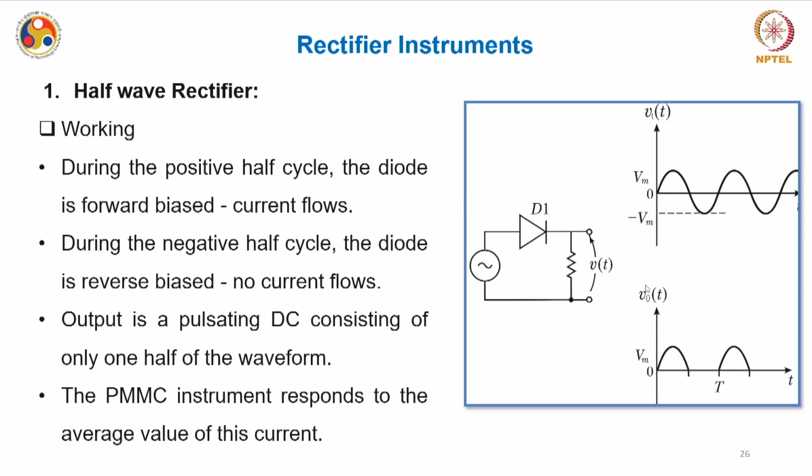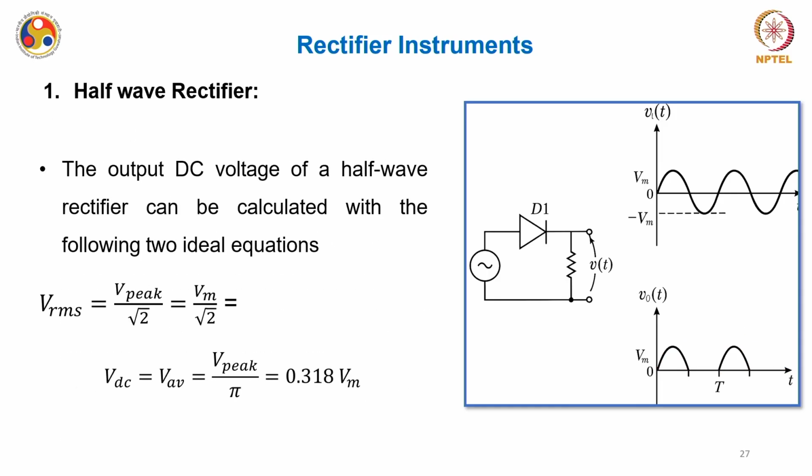The PMMC meter will only respond to the average value of this current. So the output DC voltage of a half wave rectifier can be calculated as Vrms equal to V peak by root 2. We have seen this earlier also, and in this case we are calling the peak voltage Vm. So the RMS value is Vm by root 2, and the DC or average value is equal to V peak by pi.